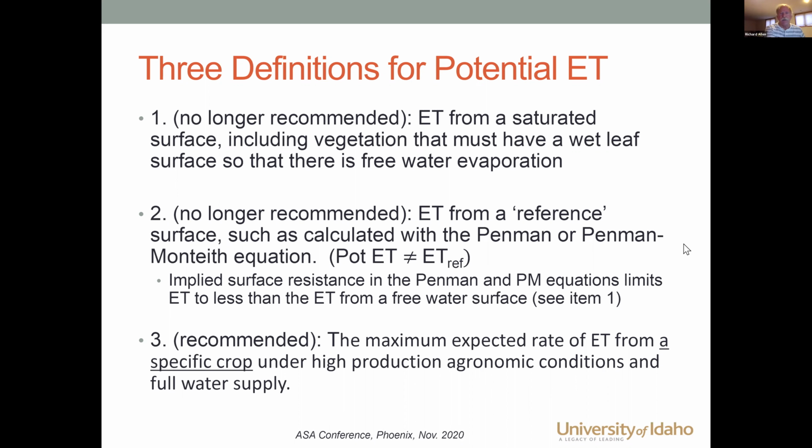And then finally, the third usage that is recommended, just to read it here, is the maximum expected rate of ET from a specific crop under high production agronomic conditions and full water supply. So that's pretty unambiguous, and I think it's the best use of the term potential ET.